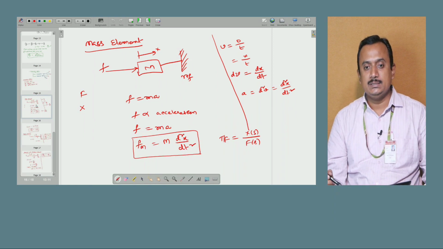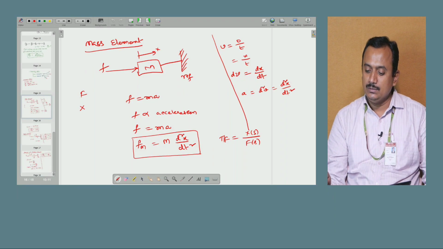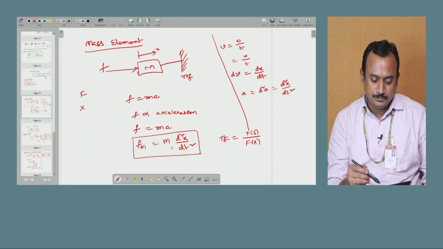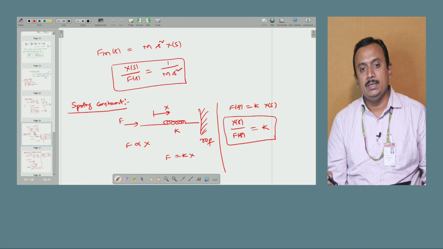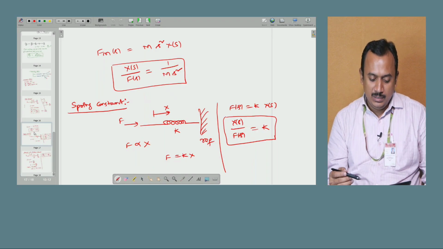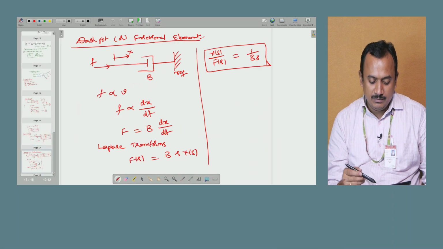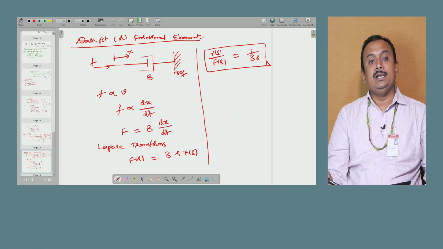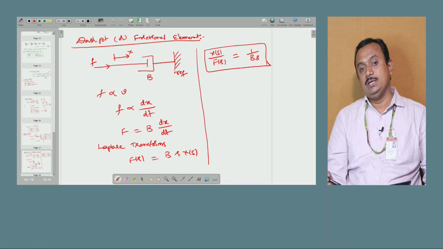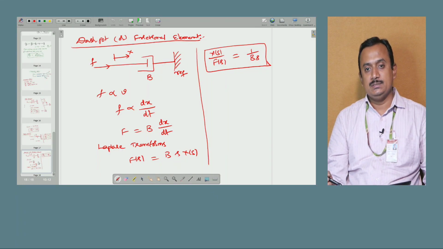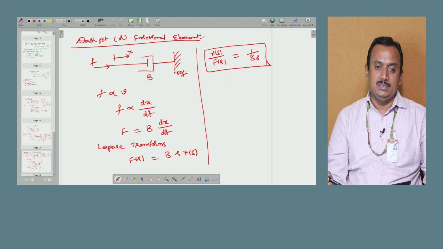Only for mass, if I consider, we get transfer function X(s) by F(s) is equal to 1 by m into s square. And if I consider alone a spring constant, then the transfer function X(s) by F(s) is equal to k. And finally the third element, the dash pot, which is also known as a frictional element, here the transfer function X(s) by F(s) is 1 by bs.